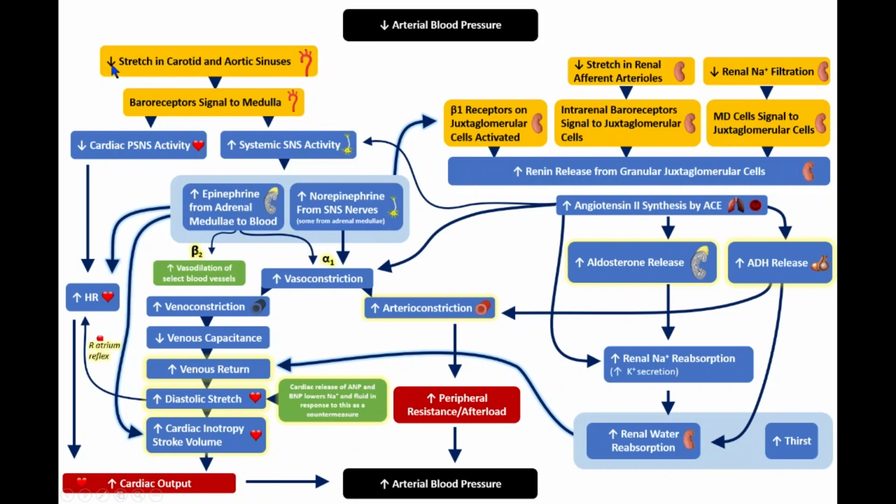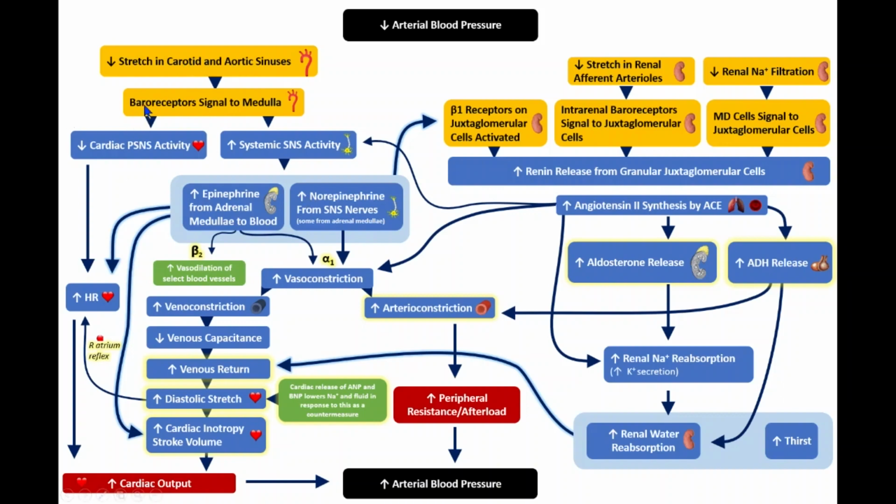So we have a decrease in stretch in the carotid sinuses or aortic sinuses, and that means the specific regions in those blood vessels that are actually sensing the pressure or the stretch, and those are called baroreceptors.